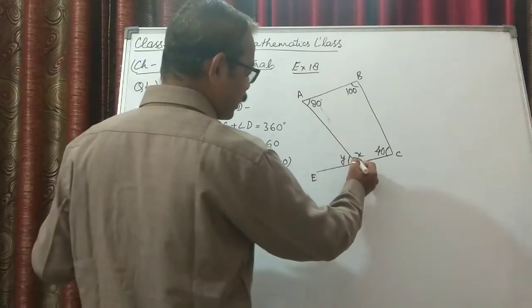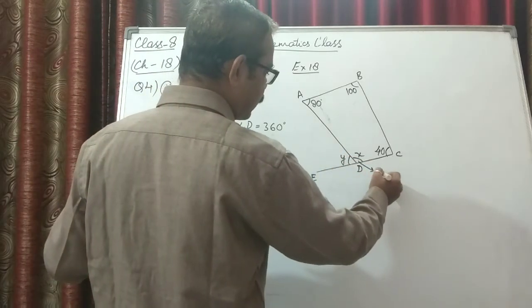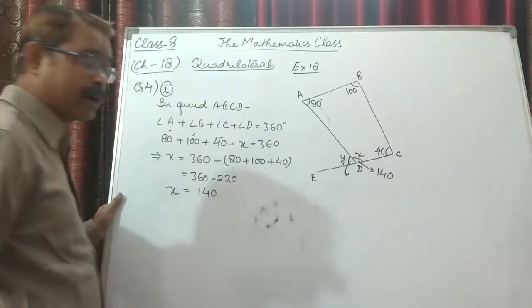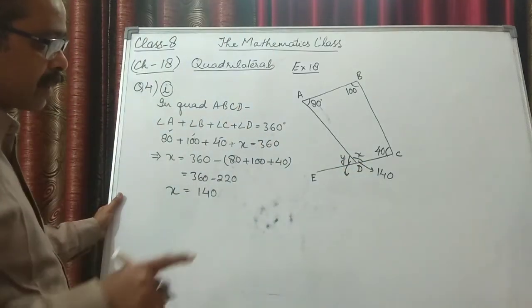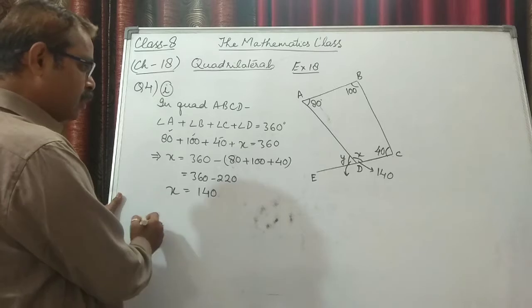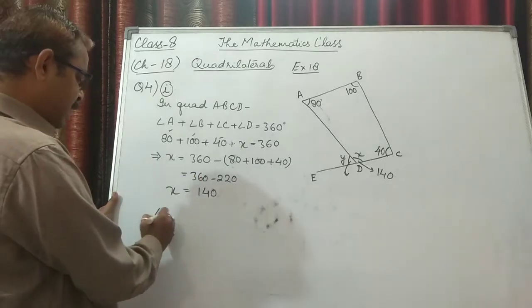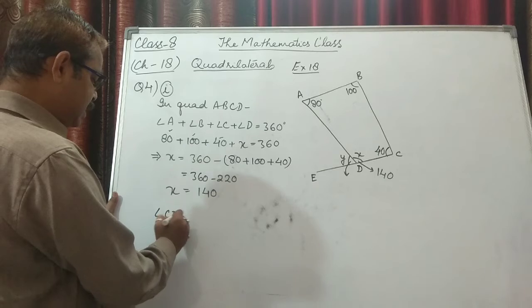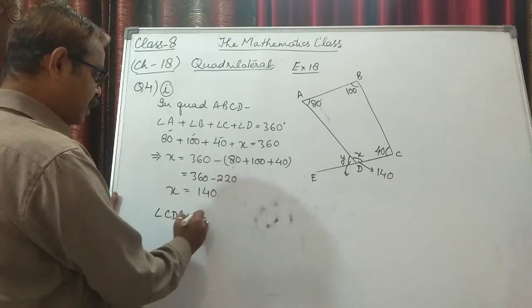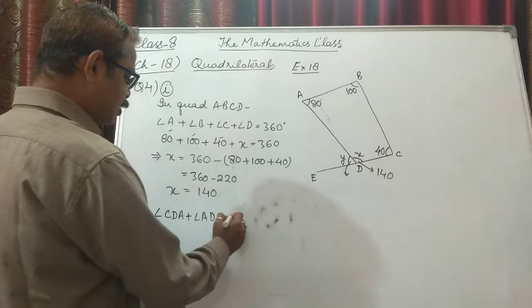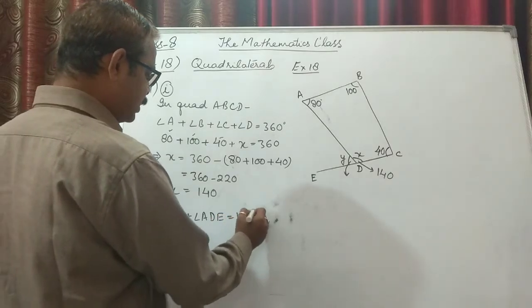Now when this angle comes out to be 140, we can easily find out the value of Y, because angle X plus angle Y is equal to 180 degrees. If you want to explain it, or write it, we can say angle CDA plus angle ADE is equal to 180 degrees.